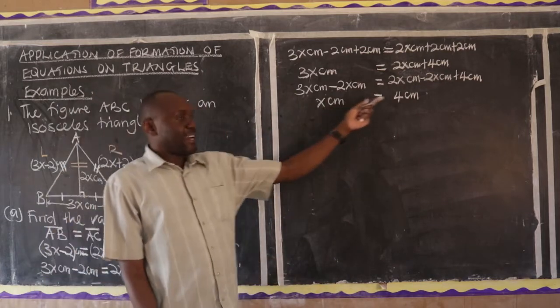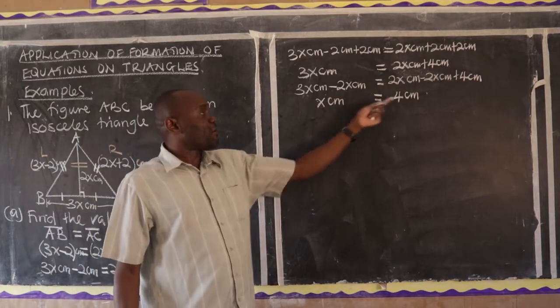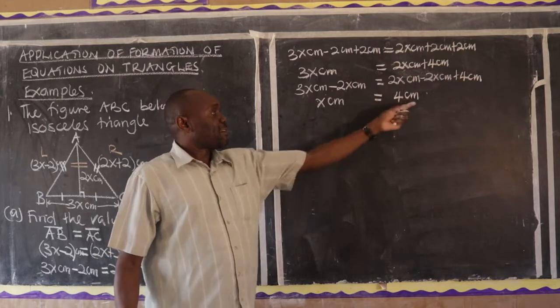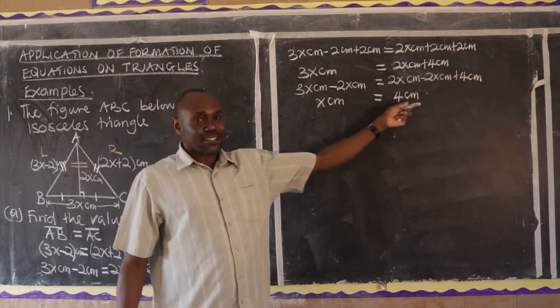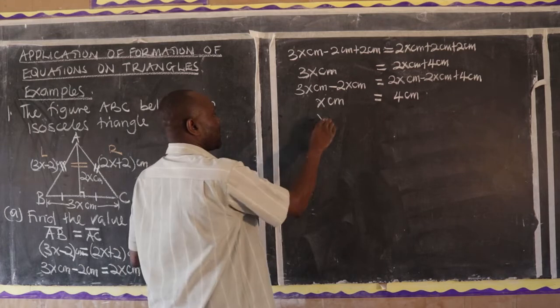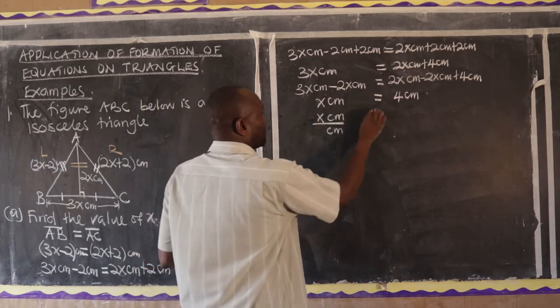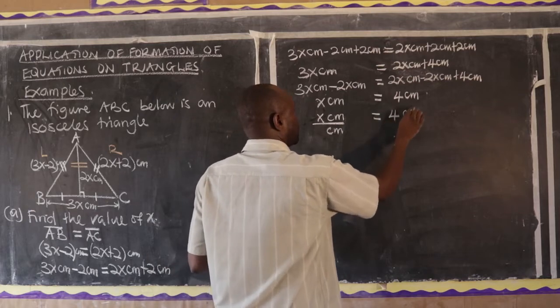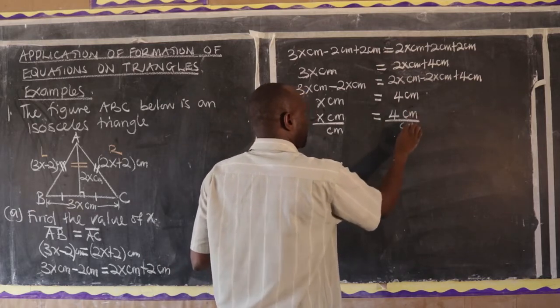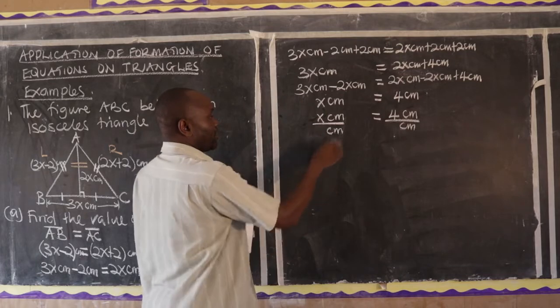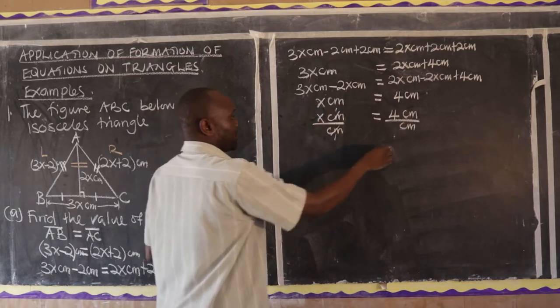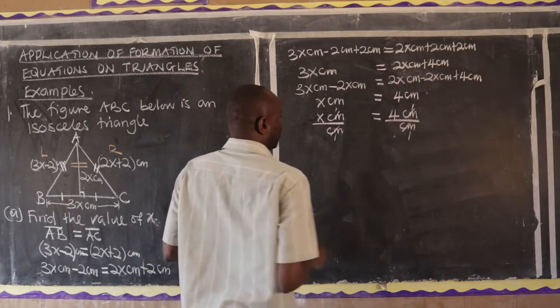So, this is not the answer. We still have the common term here, that is centimeter. Therefore, we shall say x centimeters out of the centimeter, which will give us 4 centimeters out of the centimeter. Therefore, we cancel the centimeter and the centimeter and the centimeter.